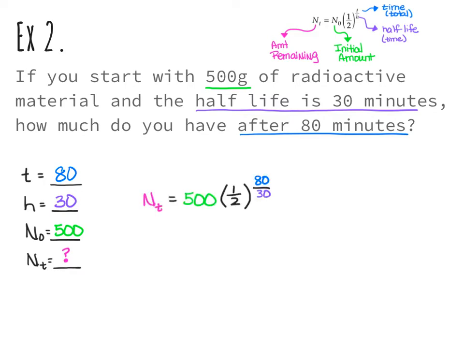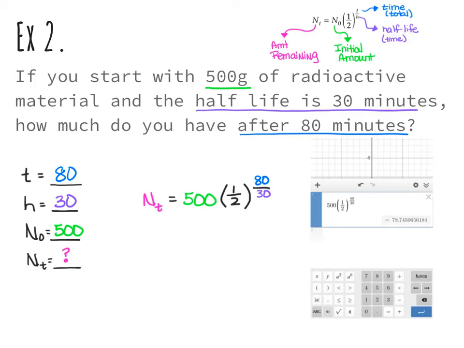Next I went ahead and set up the formula so you can see where everything goes, and I color coded it to make it a little bit easier. We have 500 times 1/2 to the 80 divided by 30 power. I plugged the formula into Desmos on my phone so you can see what it looks like, since that's what a lot of you are using anyway. You can see that the total is 78.745, and it continues on.